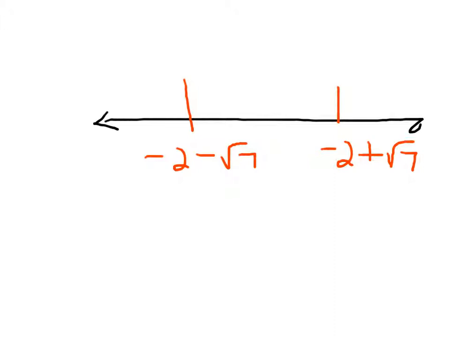All right. Now, the quadratic we're solving, remember, is x squared plus 4x minus 3 is greater than or equal to 0. We now know that that quadratic equals 0 at these two points. So those are my x-intercepts, or the zeros. I think of my number line as the x-axis.